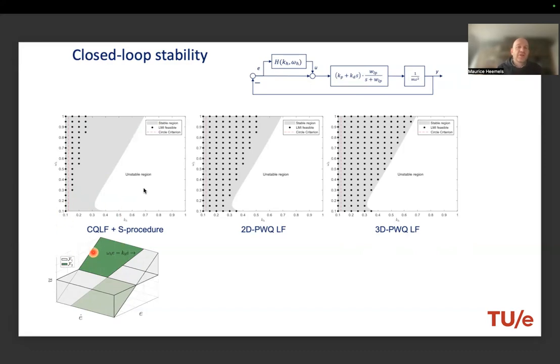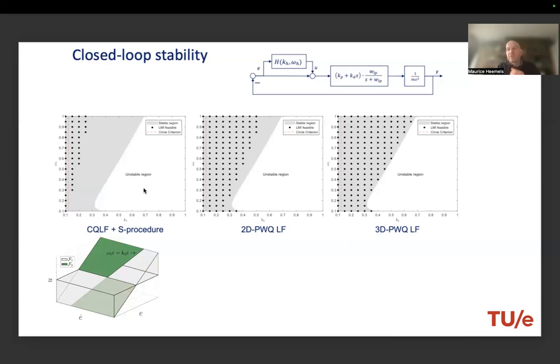So what did we do here? The dots are related to where we could get the LMIs feasible using a single quadratic Lyapunov function, but with S-procedure relaxations. So you see, you can fill quite a bit of the region already if you use a piecewise quadratic Lyapunov function with a 2D partitioning. So basically only partitioning in the e and the u direction.